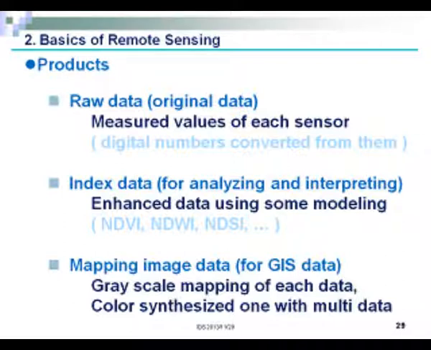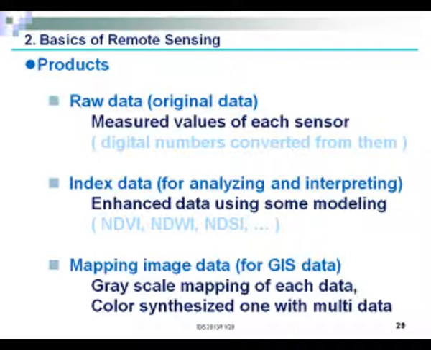Next is index data for analyzing or interpreting. It is enhanced data using some modeling and made from raw data combinations. Last is mapping image data.